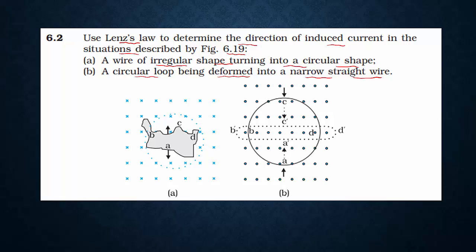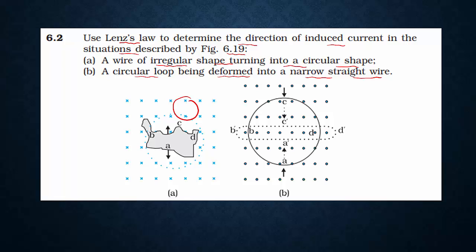As the loop changes from irregular to circular shape, its area increases. When the area increases, the magnetic flux linked with it also increases. So we know according to Lenz's law, the induced current should produce magnetic flux in the opposite direction of the original flux.